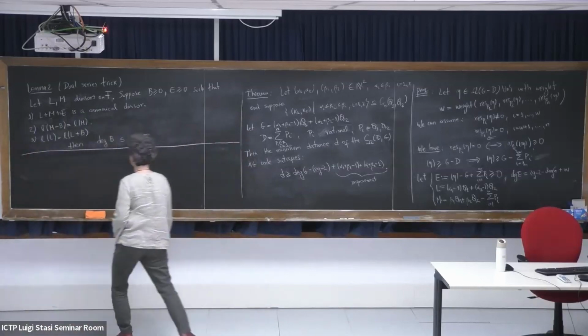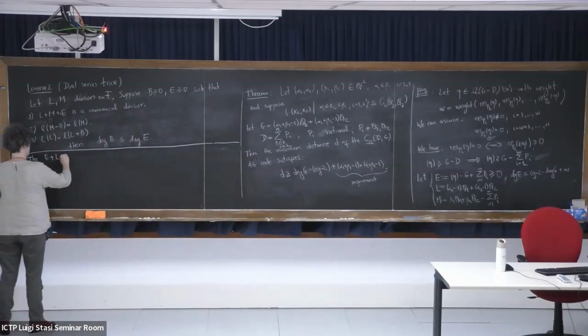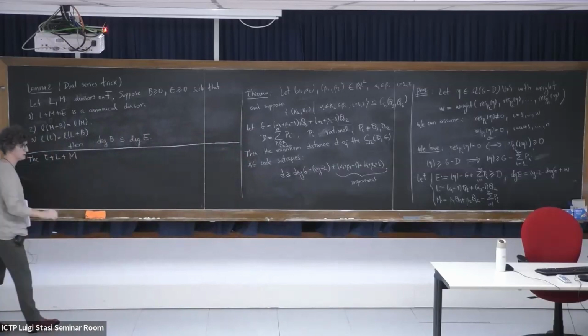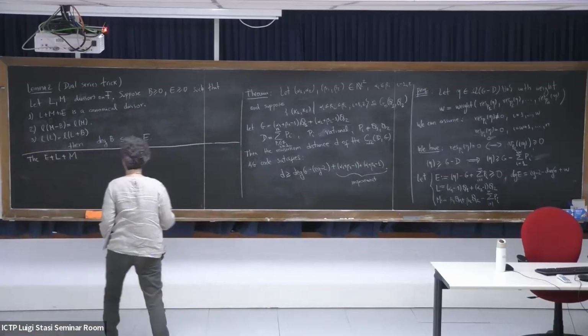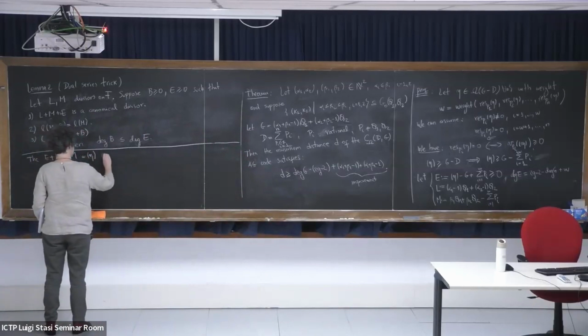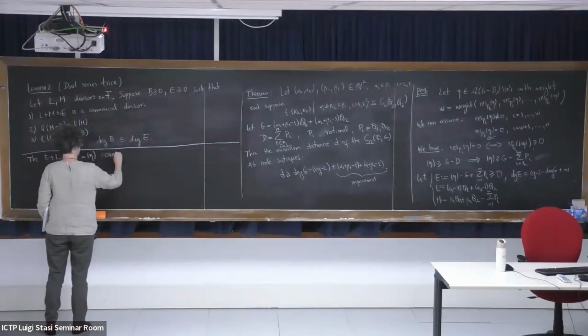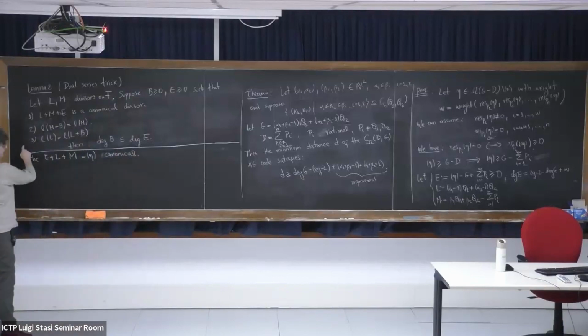I think if I use a smaller letter, you cannot see. I don't know if you can see well. So this is just canonical. And now we need to prove 2 and 3.